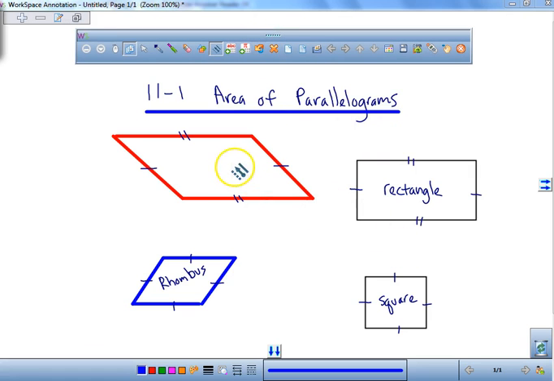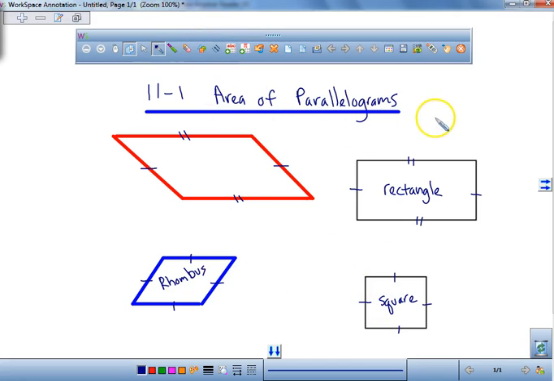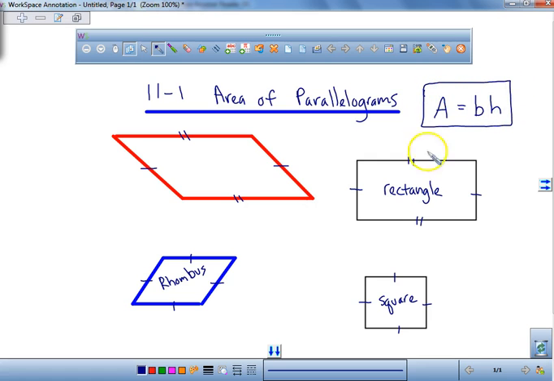So, right here we have 4 different shapes, all parallelograms. Okay? A rectangle, a square, and a rhombus are all parallelograms. The formula for every single parallelogram, if you wanted to find the area, is simply the base times the height. Okay? That's the formula you're going to use for every single one of these.